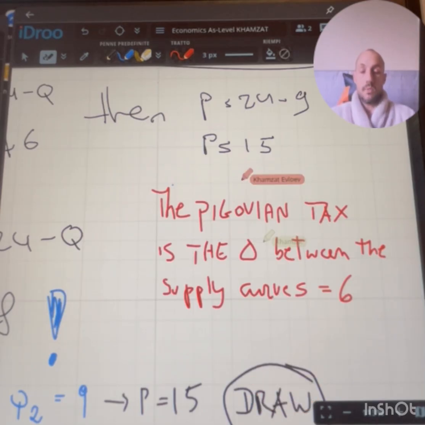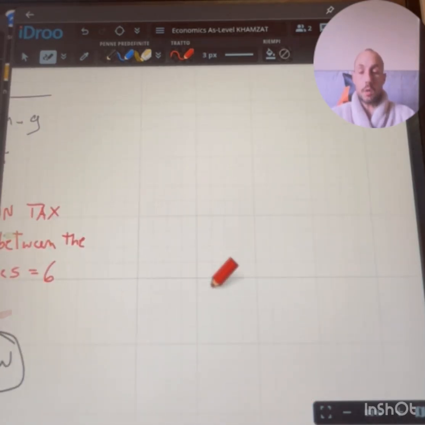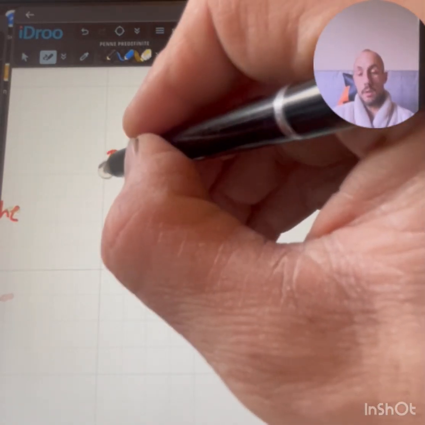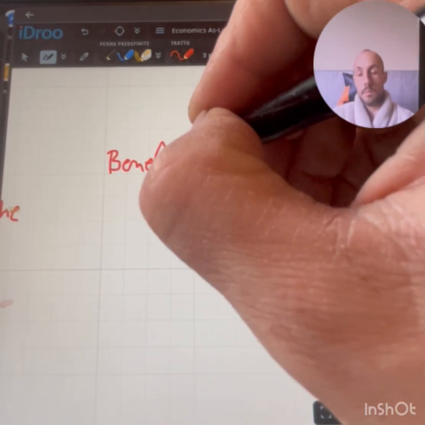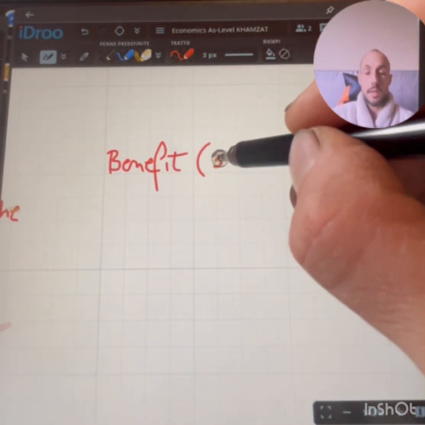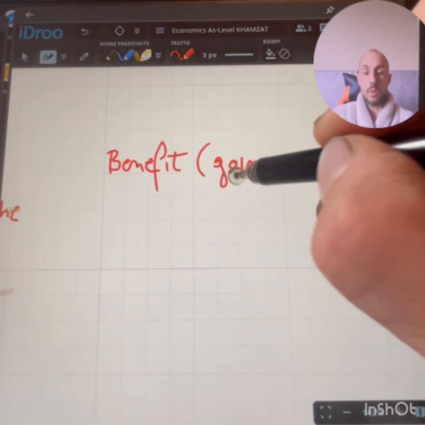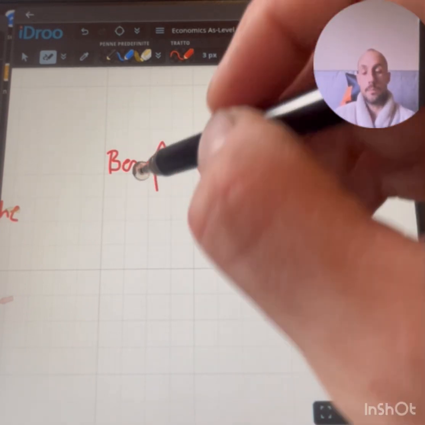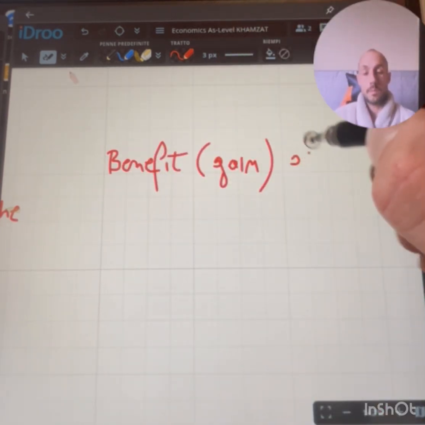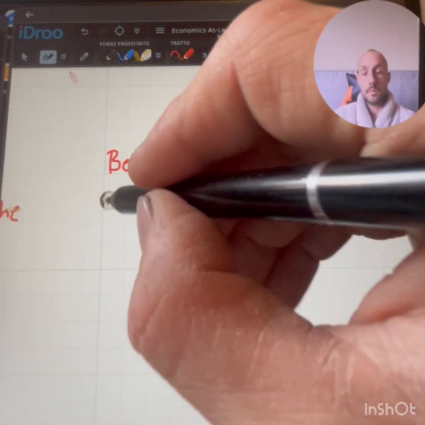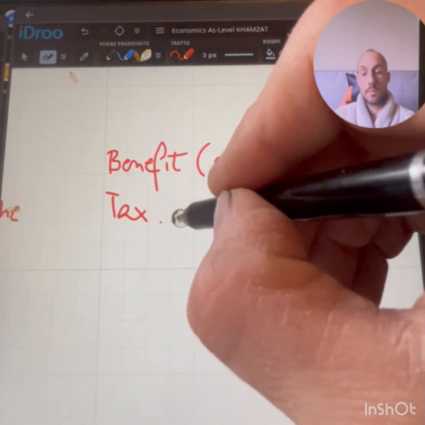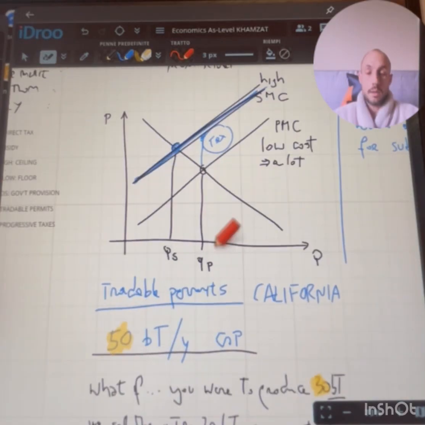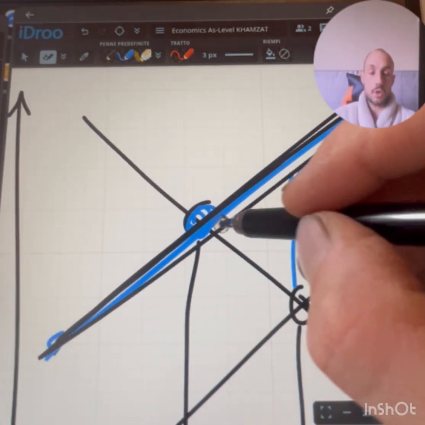Okay. Finally, what is the benefit or the gain that the government is going to receive from the introduction of this tax? Is this a triangle? Exactly. It is exactly this triangle here.